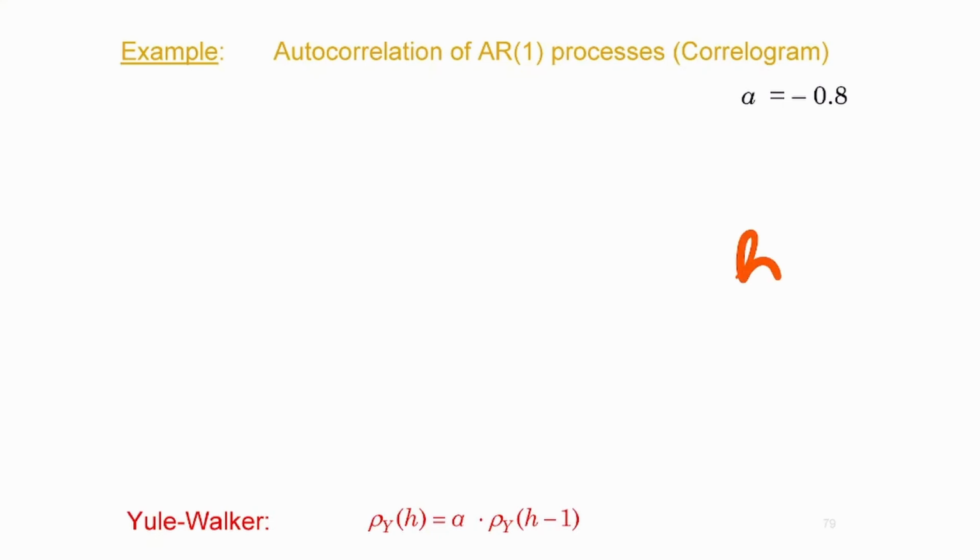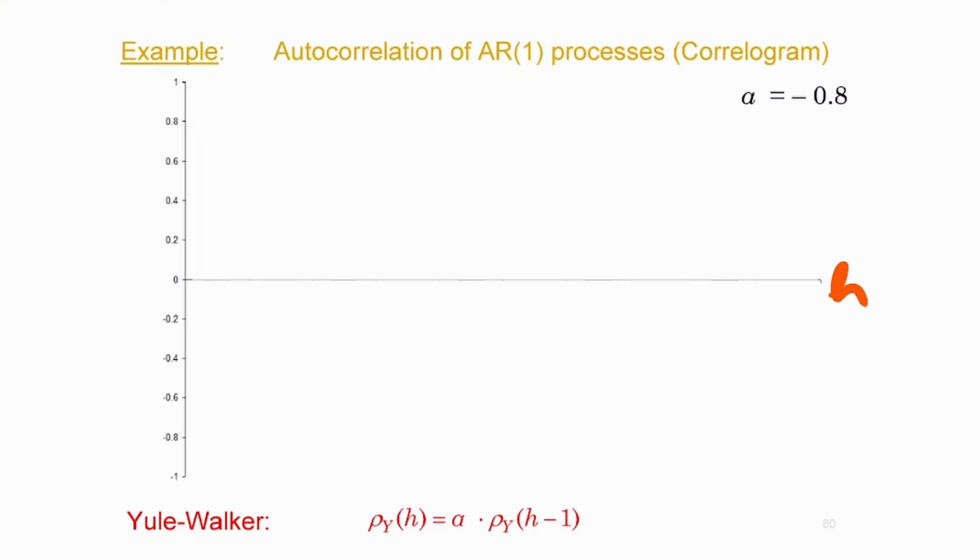So I'm going to put the time lag h on the x-axis, that's going to be here, and I'm going to express the autocorrelations depending on that here. And this graph, as you will see, will be the so-called correlogram of the process, okay?